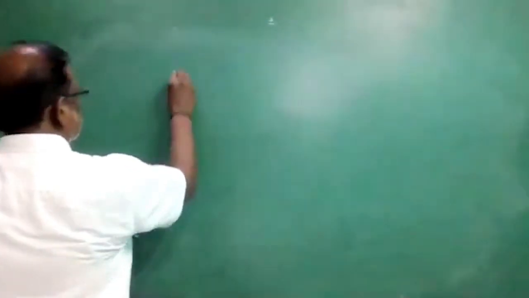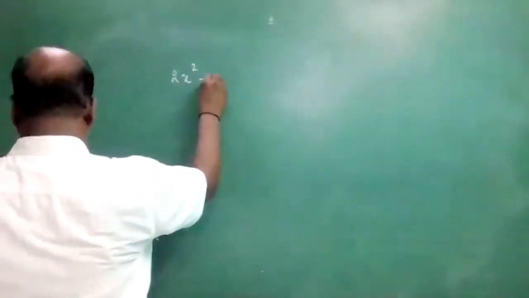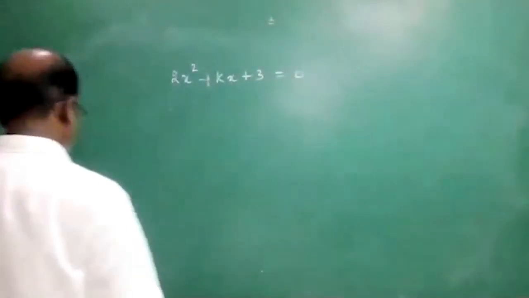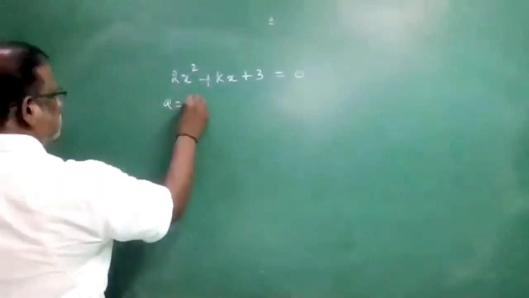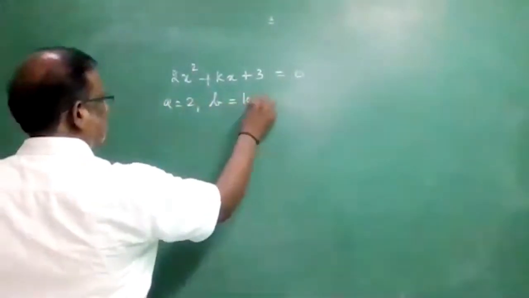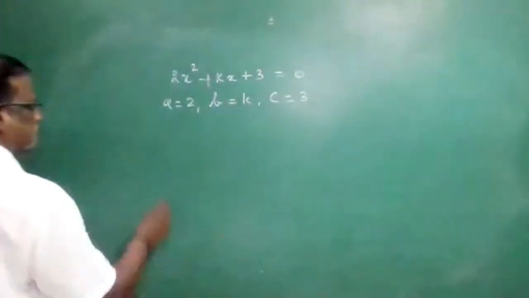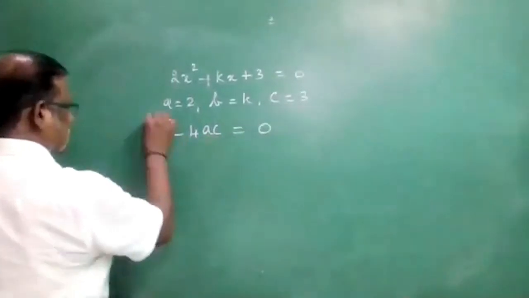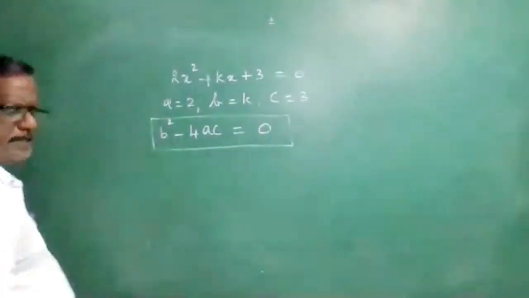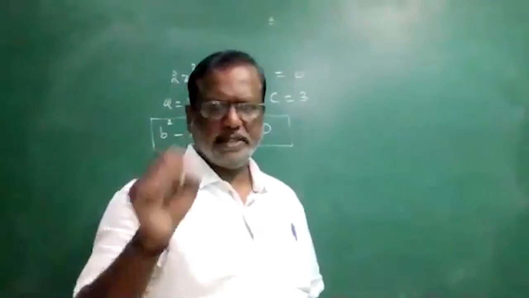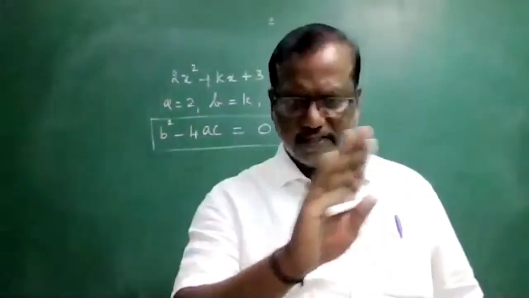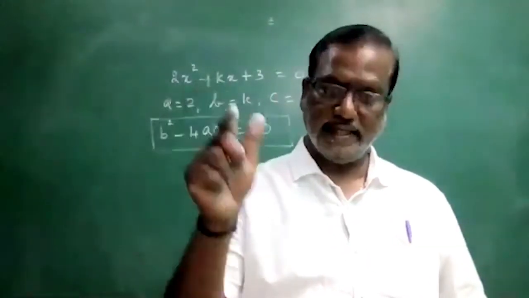Let us start. 2x square plus kx plus 3 is equal to 0. A is equal to 2, B is equal to k, and C is equal to 3. B square minus 4AC is equal to 0. I repeat again. B square minus 4AC is equal to 0 is not given, but it is given indirectly.